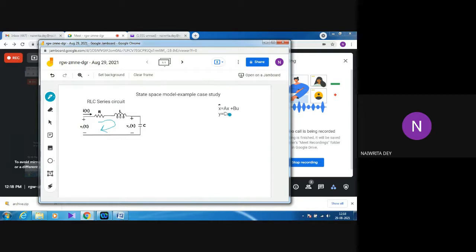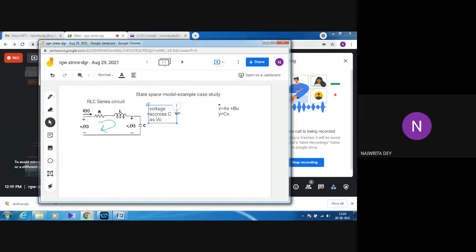You can take a higher number of state variables, but the minimum number of state variables to be considered has to be equal to the order of the system. So here in this case, we will consider the voltage across C as v_C.